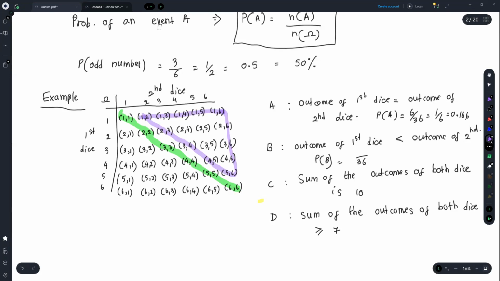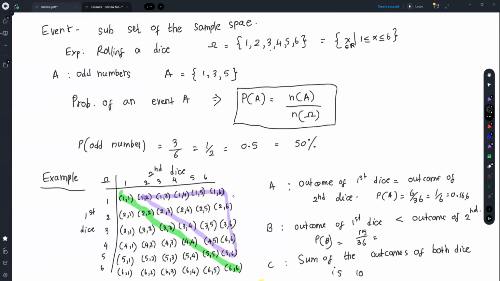So it is 15 over 36, right? And if you write them in decimals, you have 0.4166, or you can say 5 over 12, the simplified version.